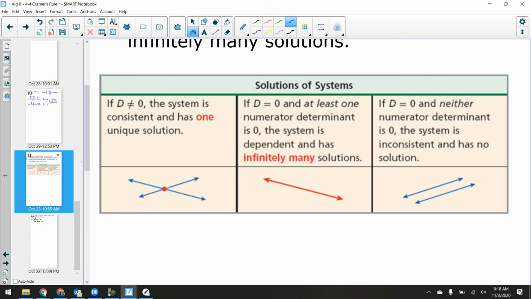So how do you tell the difference between infinite and no solutions? Well, if D is 0, and at least one of the x or y numerator determinants turns out to be 0 as well, then it's infinite solutions, because you're going to get like a 0 over 0, which is infinite, rather than no solution.